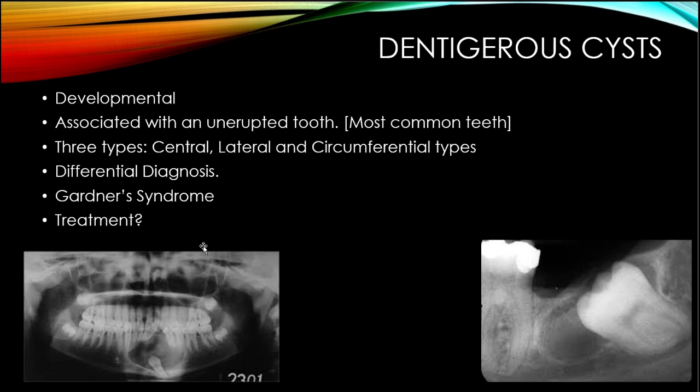If we find multiple dentigerous cysts, this will lead us to a differential diagnosis including Gardner's syndrome. Now, the management is usually enucleation and curettage, or marsupialization if you want to save the tooth.